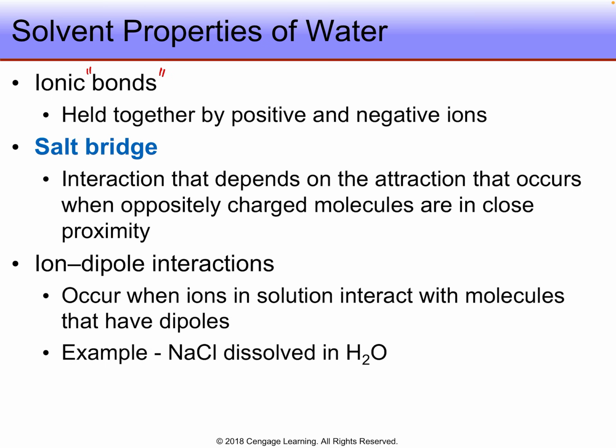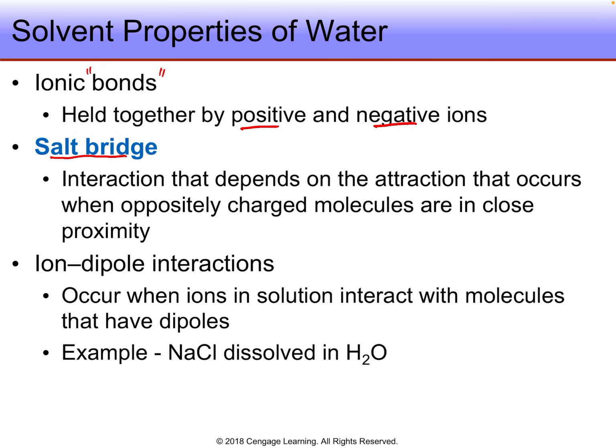But these are interactions where a positive ion and a negative ion are held together by their charges. A salt bridge is a term used more commonly in biochemistry, and it's often referred to charged groups within proteins or DNA or other macromolecules that interact with each other. It's the same thing as an ion pair, but generally referred to more often in a macromolecule, something big.